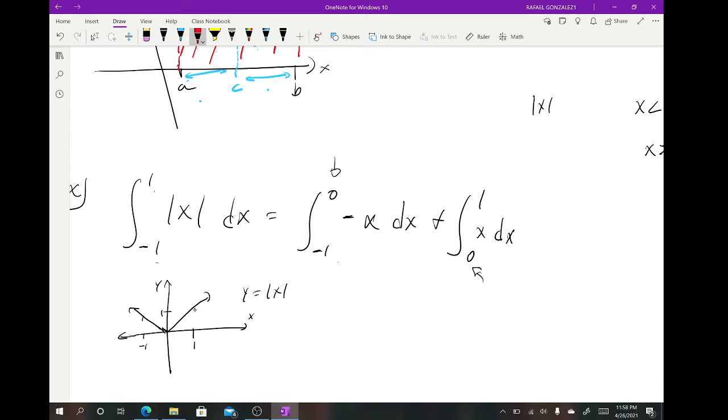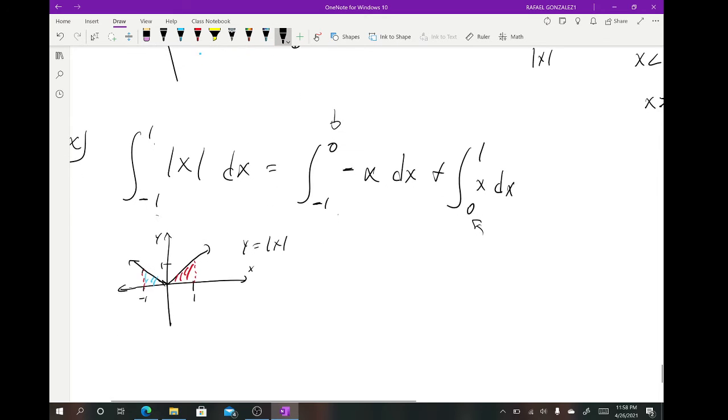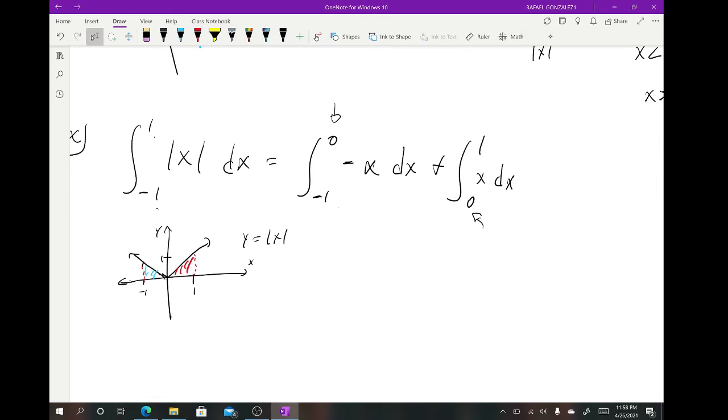Now, what area are we looking for? We're looking for both of these areas. We're looking for this area, we're looking for this area. And notice that they represent triangles, and we know how to find the area of a triangle. The area of a triangle is 1/2 base times height. So what is the base here? The base for both of them is 1. The height for both of them is 1.